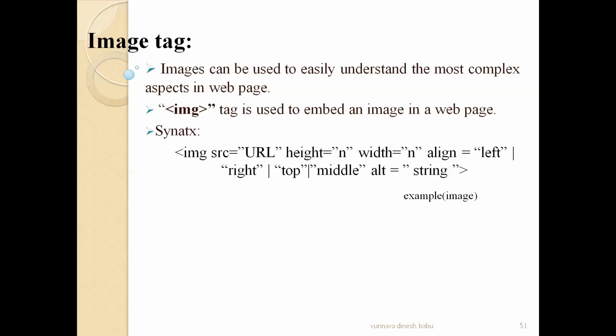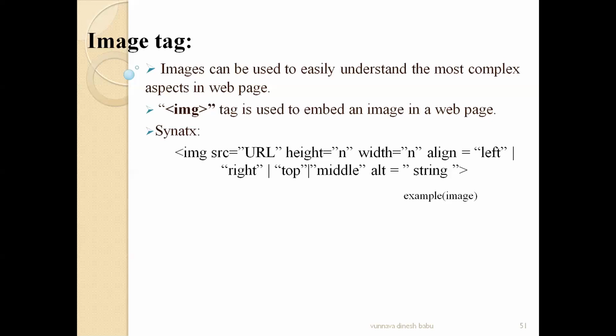If we want a particular image to be displayed on the right side of my web page, then we have to provide align equal to right. If we want to display a particular image in the middle of our web page, then we have to provide align equal to middle. And if we want to display the same image on the top of the web page, then we have to provide align equal to top.